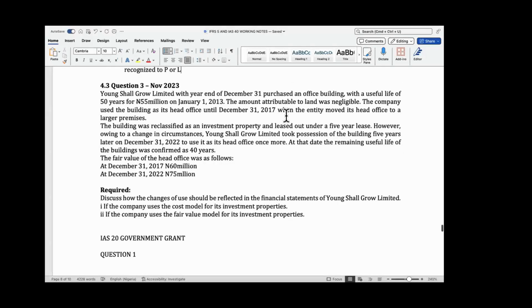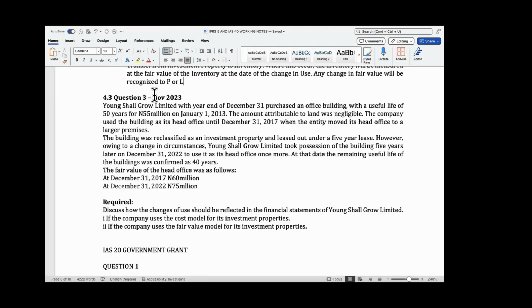Now, another question. This one says that Young Shago Limited, with year end of December 31st, purchased an office building with a useful life of 50 years for 55 million on January 1st, 2013. The amount attributable to land was negligible.